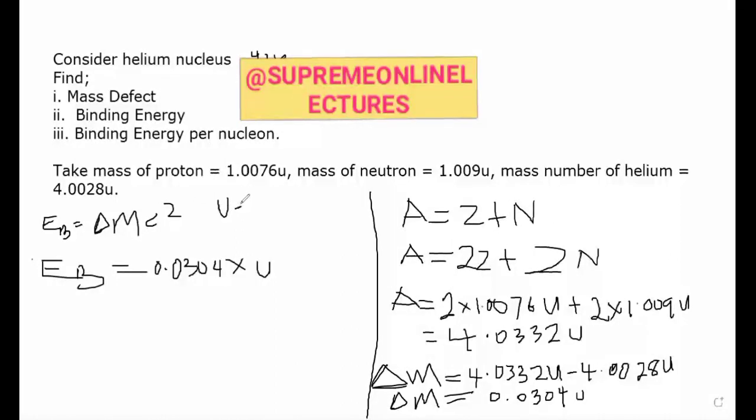U is estimated to be 931 milli-electron volt. So in place of this, we are going to substitute 931 milli-electron volts.